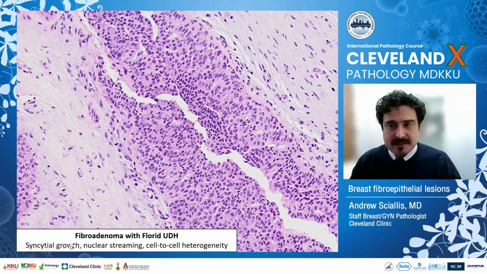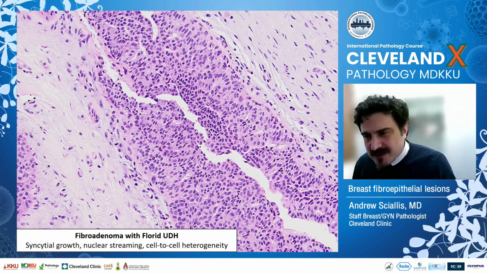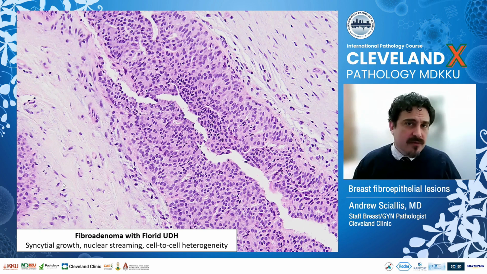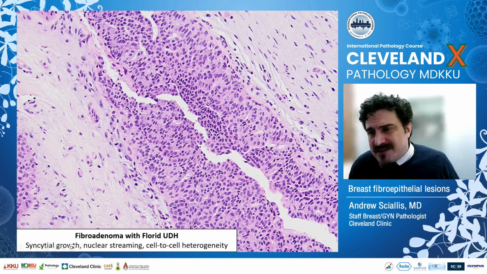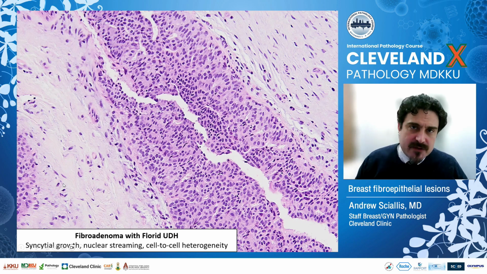It looks like just one big cell with lots of pink cytoplasm. Slit-like spaces, no true cribriform or cookie cutter or really round punched out spaces. And there is a little bit of cell-to-cell heterogeneity, not to the point of something like ductal carcinoma in situ, but where this cell looks a little bit different than this one, which looks a little bit different from this one. So typical features of usual ductal hyperplasia.